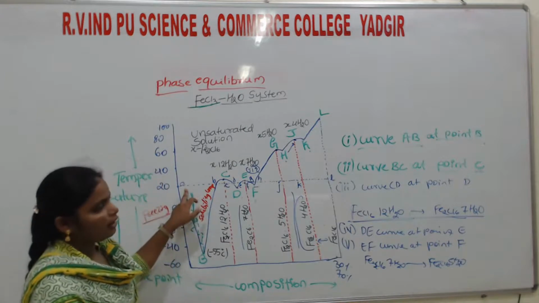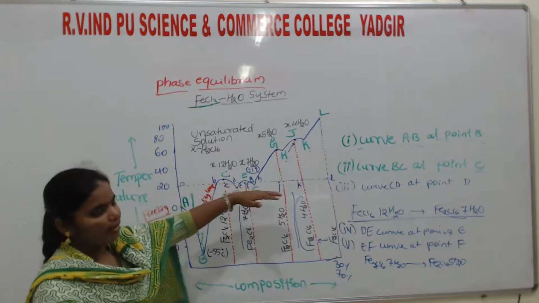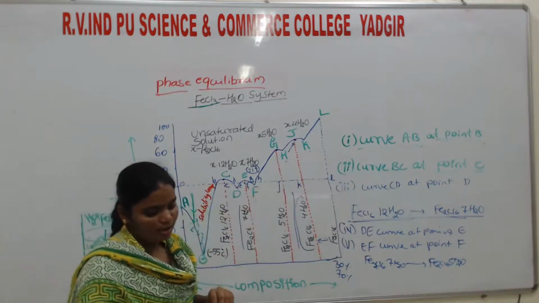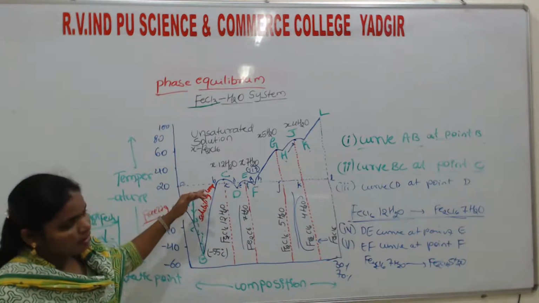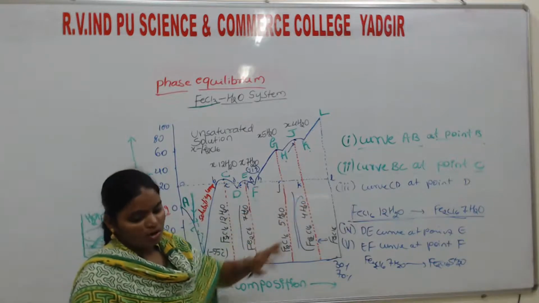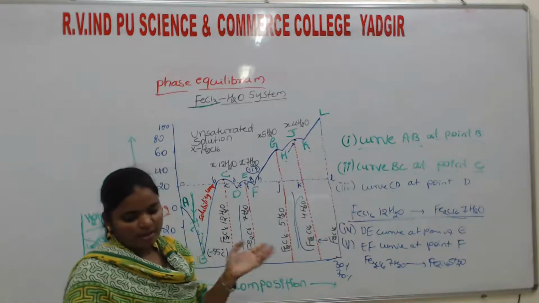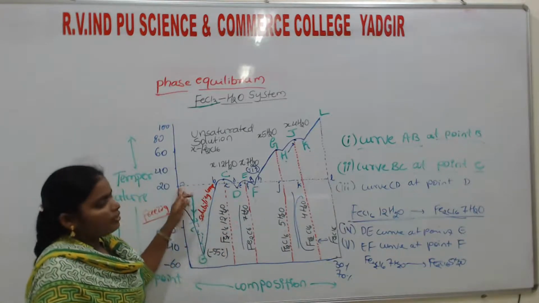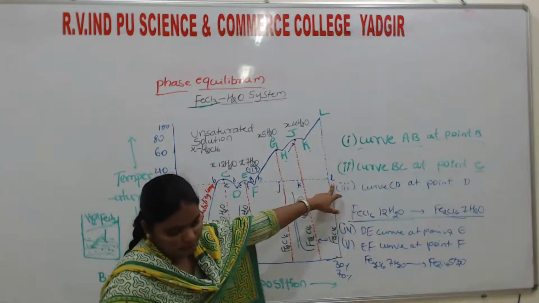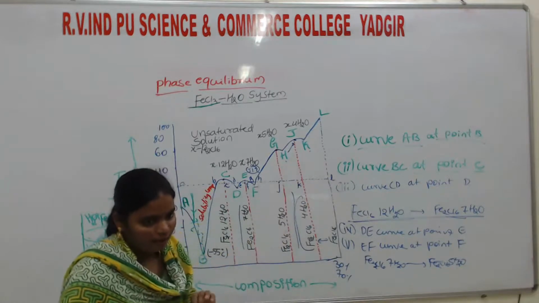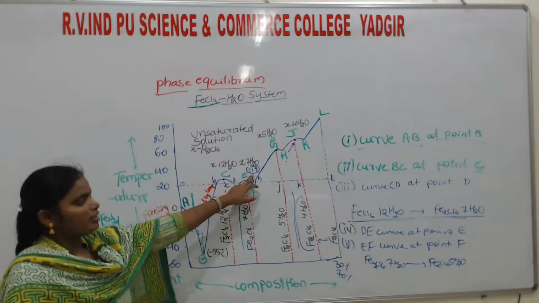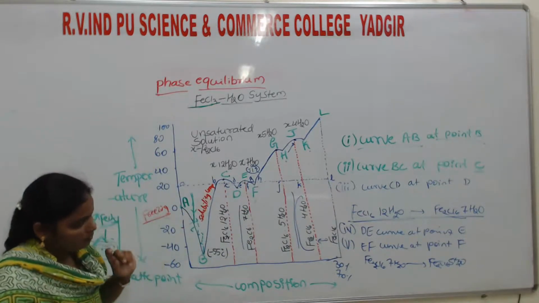This is A, and it goes along the horizontal line. As the solution is heated and evaporates, the path A to L follows the horizontal line at 31 degrees Celsius.